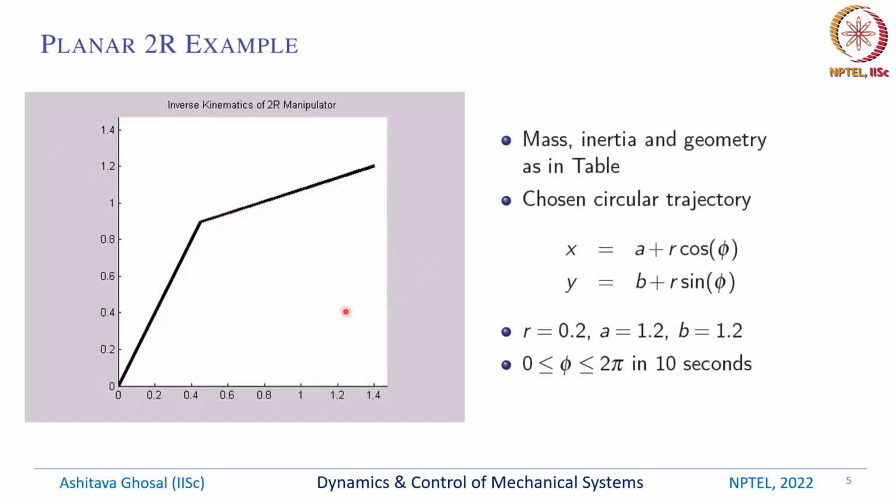To bring time into the picture, we now need to specify how the tip of this robot traces the circle and in how much time. That can be specified by saying that this angle phi in the parametric equation of the circle goes from 0 to 2 pi in 10 seconds.